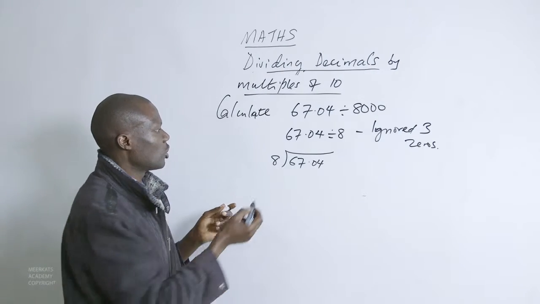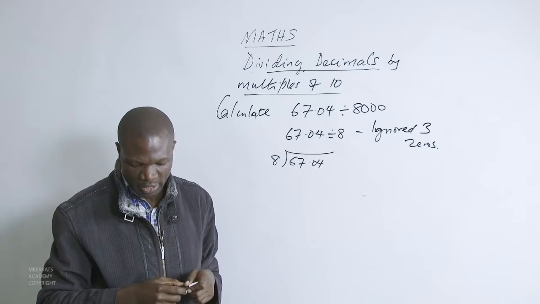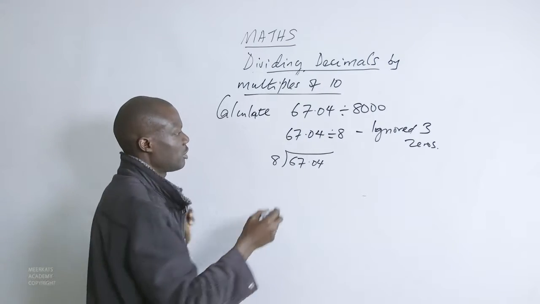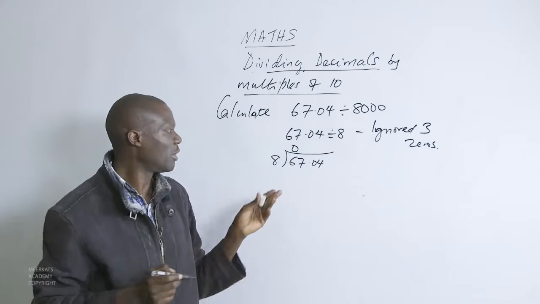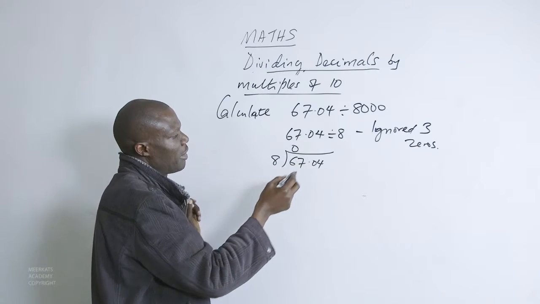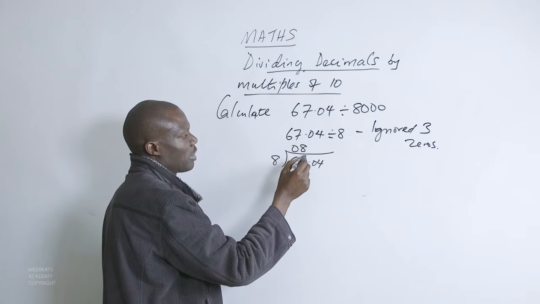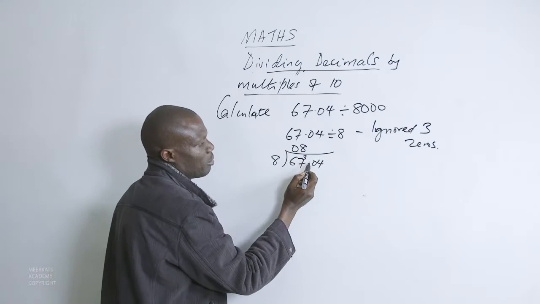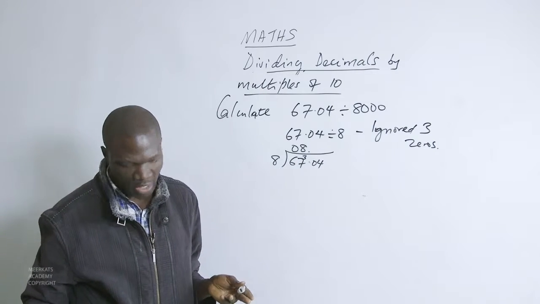So 6 into 8 is not possible. When it cannot go into a number, we put a 0. Then we have 6 remaining. So 67 into 8 gives us 8 because of 64, carry 3. The decimal point will come in.